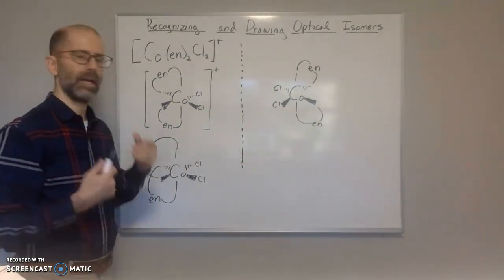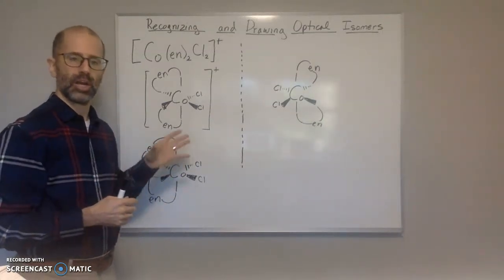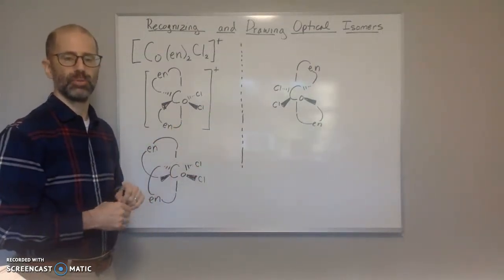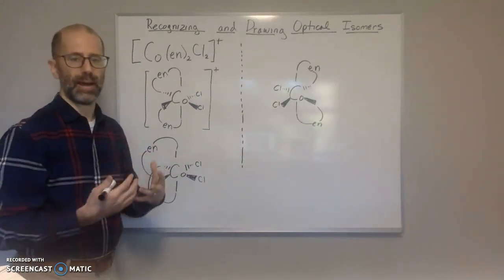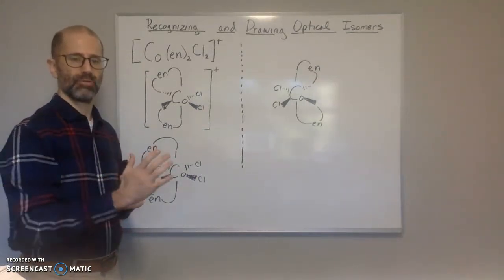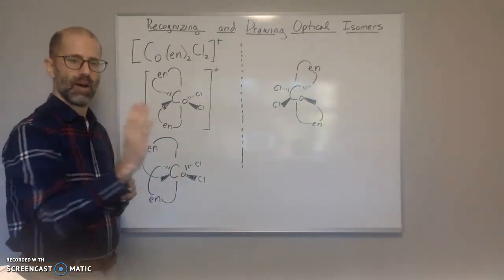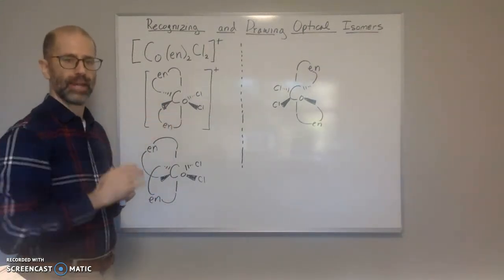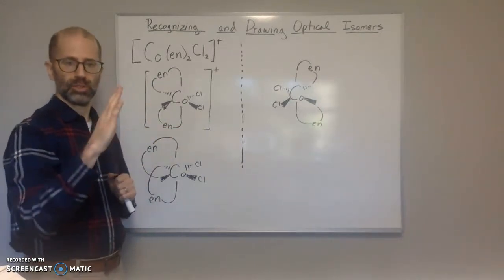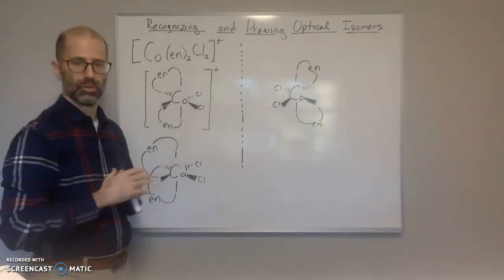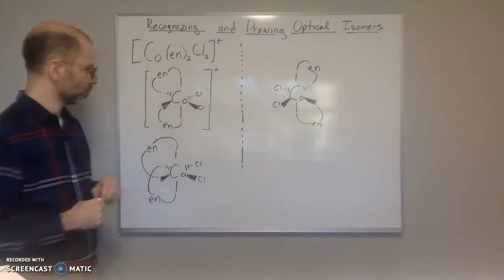And again, what an optical isomer means is that these two are mirror images of each other and they're not superimposable, which means that they're going to affect light differently. So that's why it's called optical isomers. You pass light through it, and one isomer might turn the plane of light to the right or to the left, and the other isomer will turn it the same degrees but in the opposite direction. So those are what we mean by optical isomers.